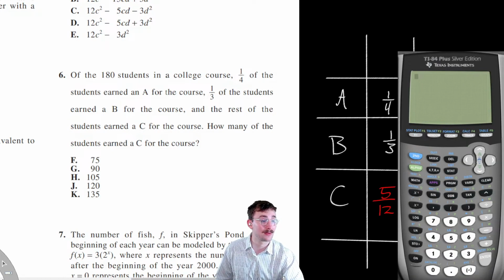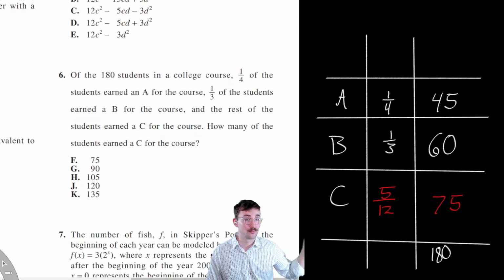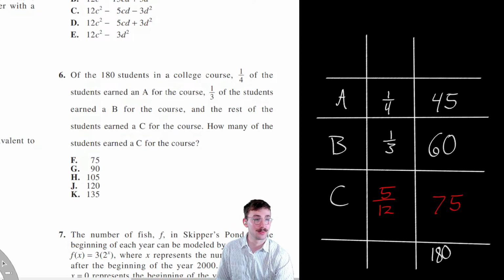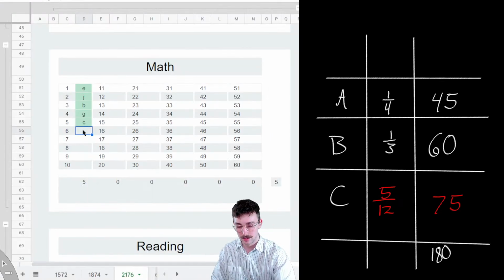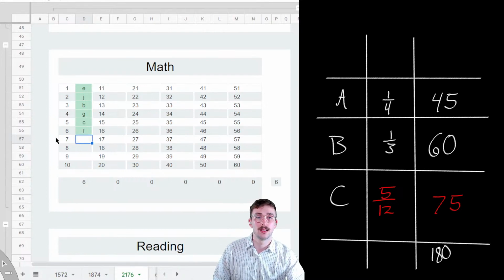I'm going to find out if 5/12 of 180 is indeed 75. So 5/12 times 180 is 75. And so, cool, I'm very confident in my answer. The answer is going to be F. Yeah, as I said, the right answer will be F. There we have it.